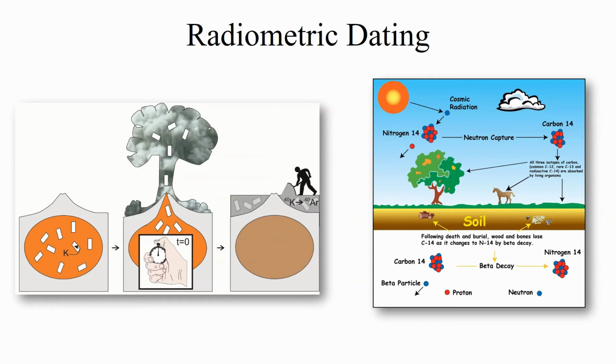And there are many different isotopes that can be used for radiometric dating, but it depends on your time scale. For instance, potassium-argon dating is used for things billions of years old, and carbon-14 dating is used for things that are on the order of 10,000 to 50,000 years old.